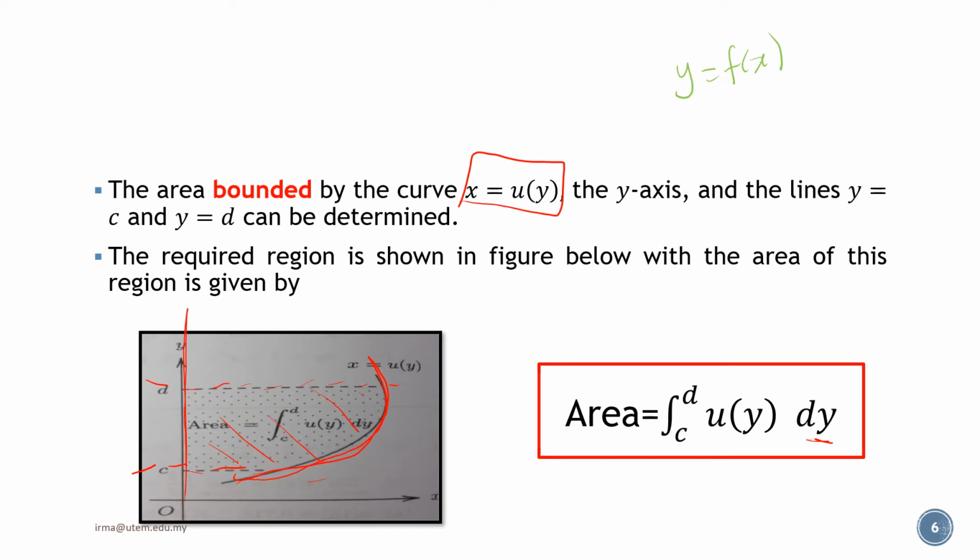Just now we had area equal to the integral of f(x) with respect to x from a to b. That one is for a function in terms of x, but this one is for a function in terms of y. This is the difference between the first and second formula.